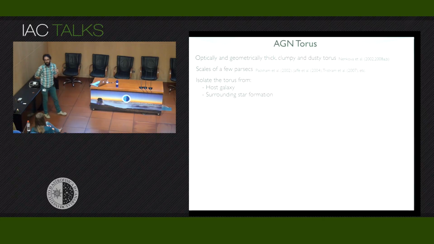But because it's a few parsec, we are not able to resolve it with a 10-meter telescope. So we need to isolate the torus emission from the host galaxy and the surrounding star formation. What we need is high spatial resolution observation.